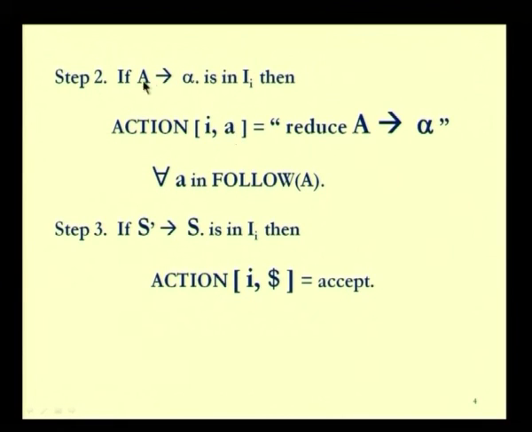We are looking for an item of the form A derives alpha dot, and we got it in state number I. Then we set the action of I comma a to reduce A derives alpha, but this a is the set of all symbols which are following capital A. So, if A derives alpha dot is in I, then for all a in follow of A, set the action of I comma a as reduce A derives alpha.